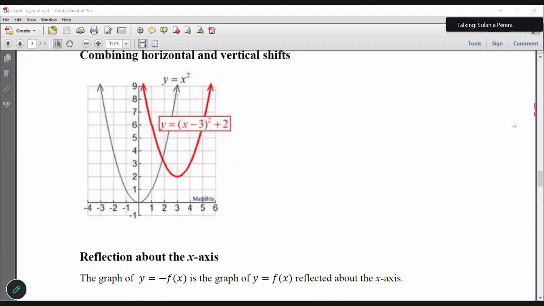It is just a parabola that passes through the point (0, 0) and opens upwards, not downwards. So if you say x minus 3 plus 2, it is 3 to the right and 2 up. Here the vertex will be (3, 2). Any questions?